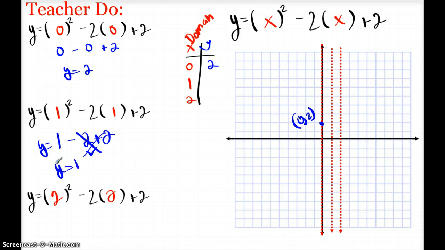All I have is y equals 1. 1 comma 1. Last but not least, 2 squared, so y equals 4 minus 4, negative 2 times 4, plus 2. These two cancel, and I'll have y equals 2. 2 comma 2.